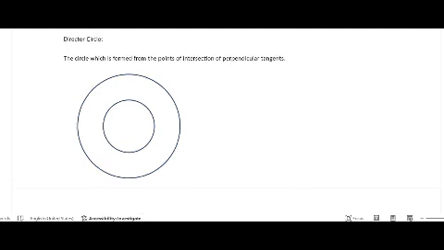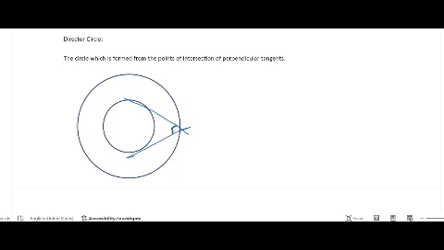What is a director circle? Now, if you have tangents that are forming 90 degrees, let's say there are two tangents, this and let's say this. They intersect at a point and they form 90 degrees.